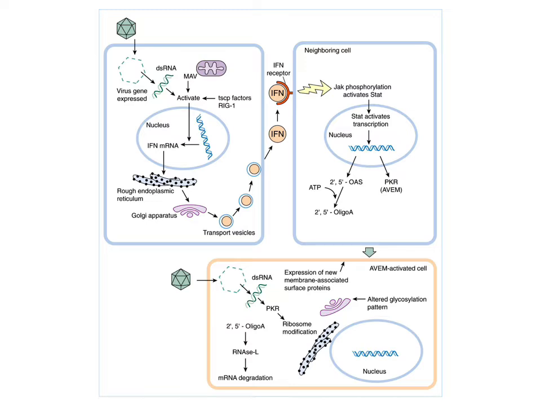And then what can happen is what you see at the bottom. A virus comes along and double-stranded RNA can trigger the 2,5-A pathway that can lead to messenger RNA degradation, or it can trigger the PKR pathway leading to ribosome modification.